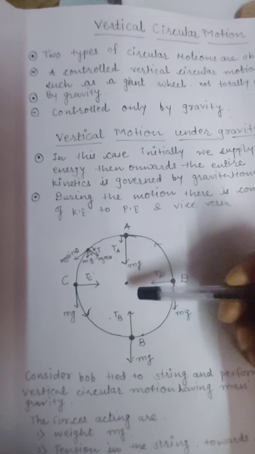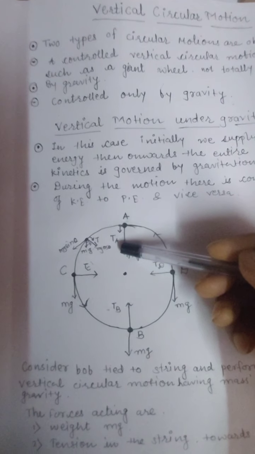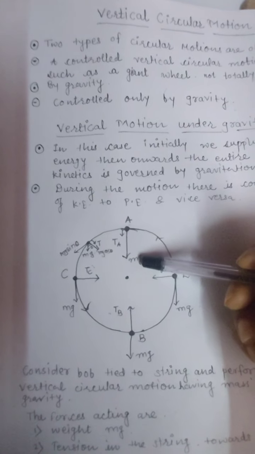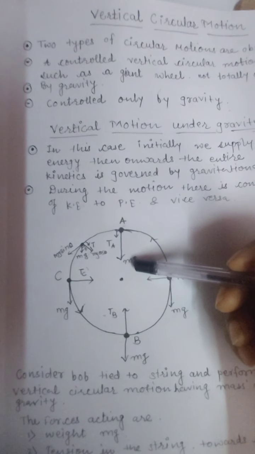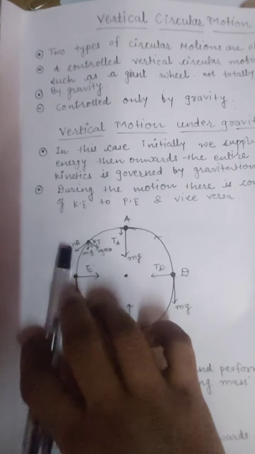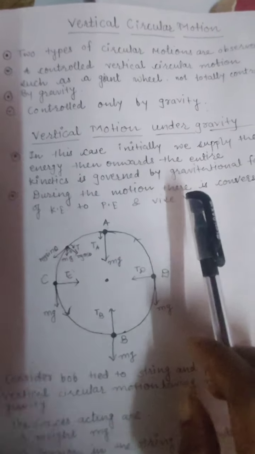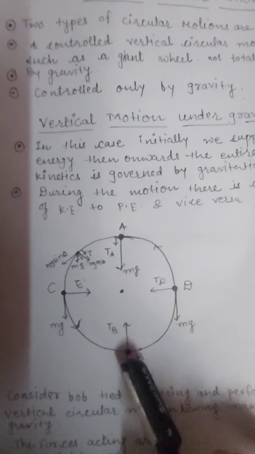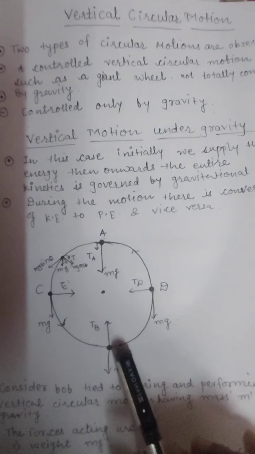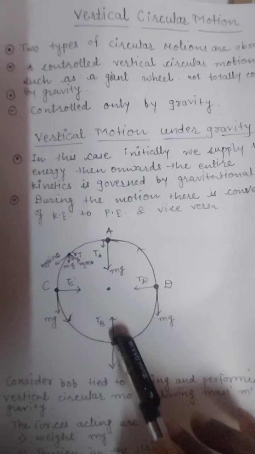So we can write the equation: TA, the tension in the string at position A, plus mg is equal to mv square upon r, where v is VA, the velocity at the position A. Now consider the motion from position A to the lowest position B. This whole motion is under gravity.